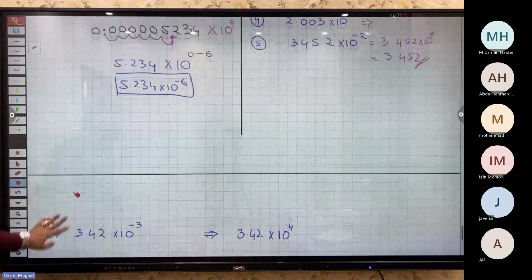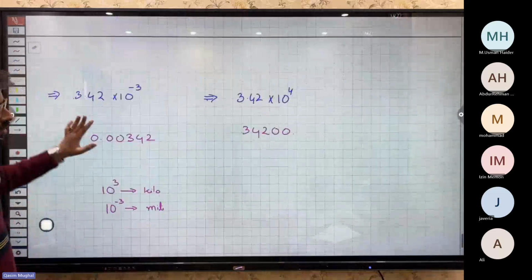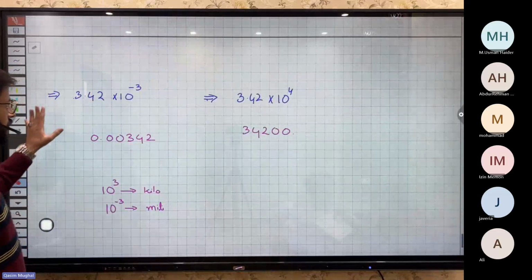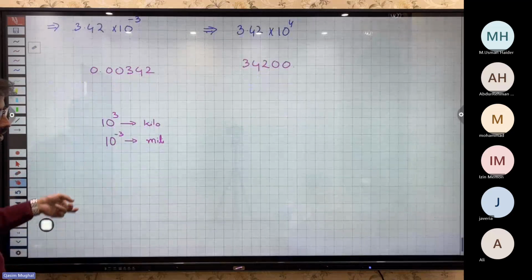These two types of questions that we studied today are asked less often. This one is rarely asked, but I have seen questions like this: it gives you a number in standard form and asks you to write it down as ordinary notation.